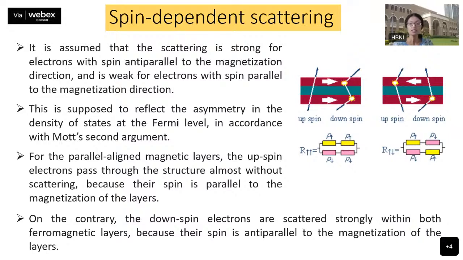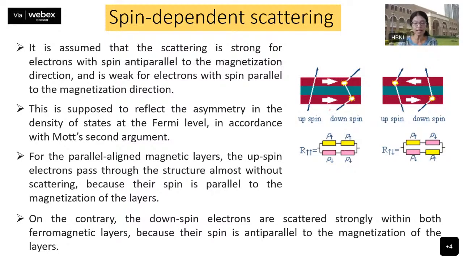Now it is assumed, and this is an assumption, that the scattering is strong for electrons whose spin is anti-parallel to the magnetization direction, and weak for electrons whose spin is parallel to the magnetization direction. This reflects the asymmetry in the density of states at the Fermi level, in accordance with Mott's second argument. For a parallelly aligned magnetic layer, this is going to become clearer if you look at the figure.